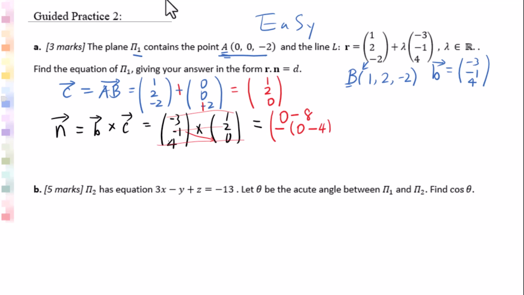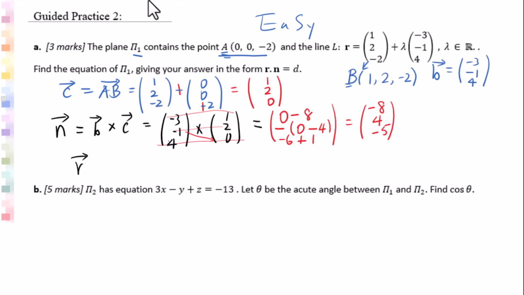Cross out the last row. Negative 3 times 2, negative 6, minus negative 1 times 1 is plus 1, equals negative 8, positive 4, negative 5.